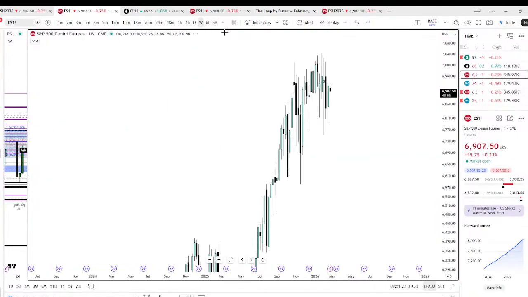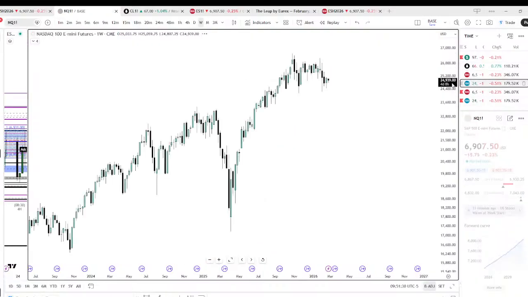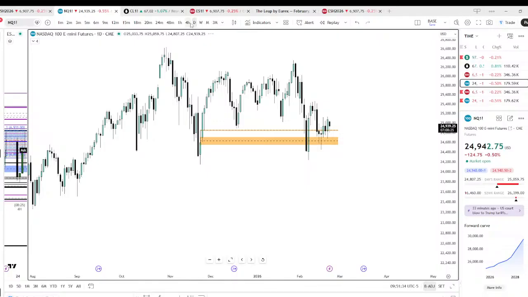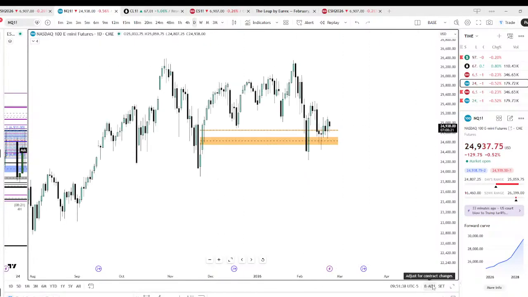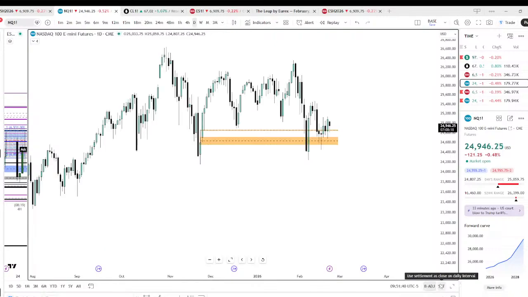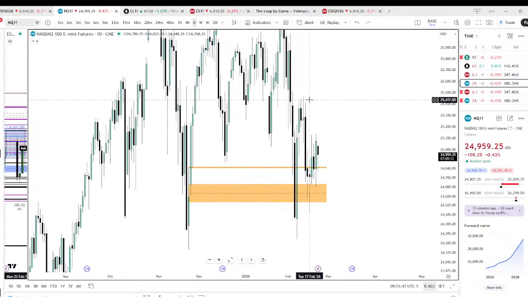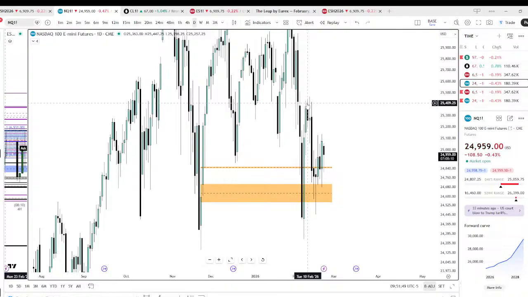Is our continuous contract? Yeah. NQ and that volume imbalance, just like right there. Again, giving us means to look higher, but doesn't necessarily have to do so.